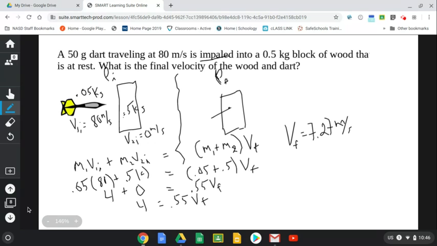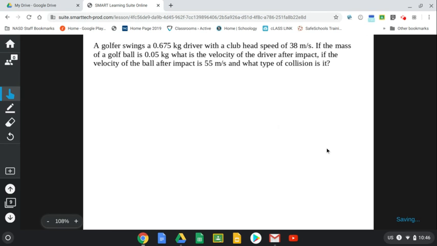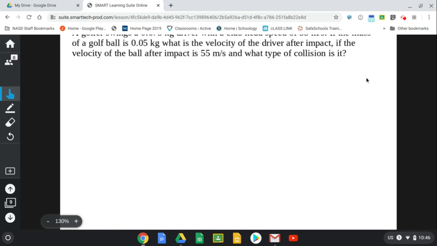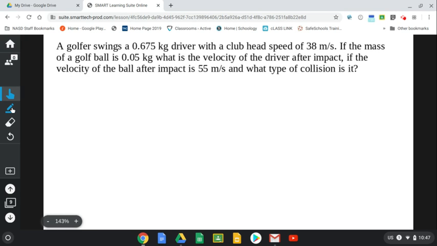All right, let's take a look at one more quick example. Let's get this a little bigger so it's a little easier to see. I've got more space to write. All righty, here we go.